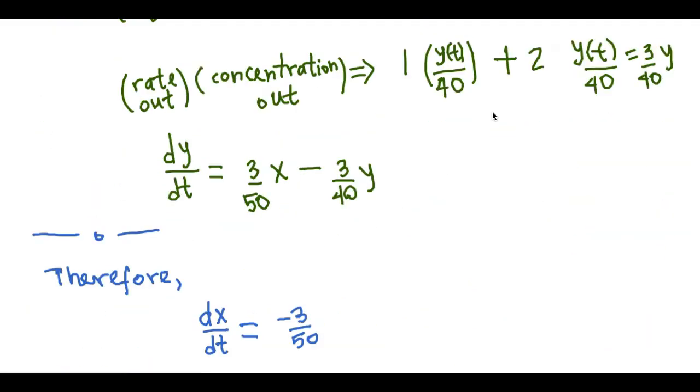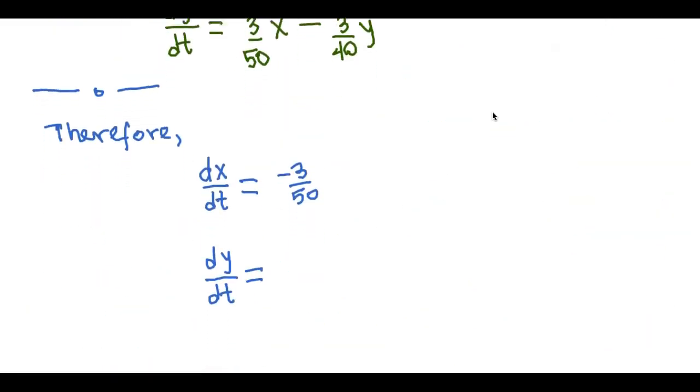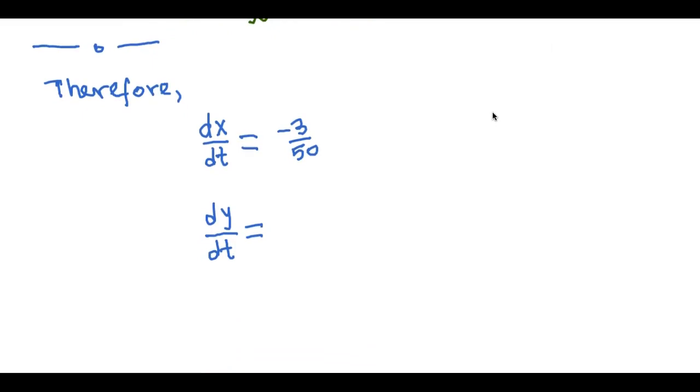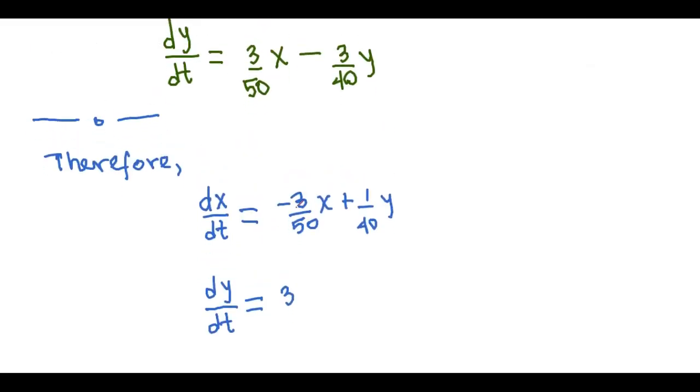And then we write the differential equation for y right below it. The differential equation for y reads as 3 over 50 x minus 3 over 40 y.